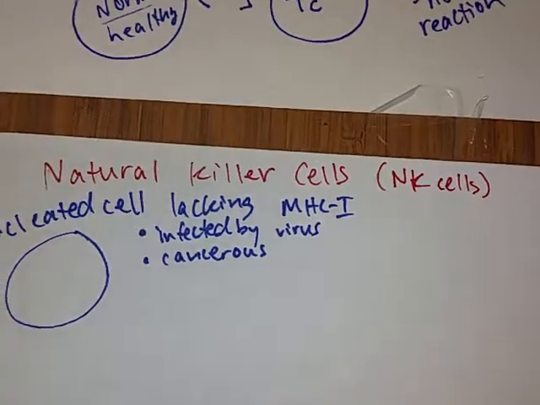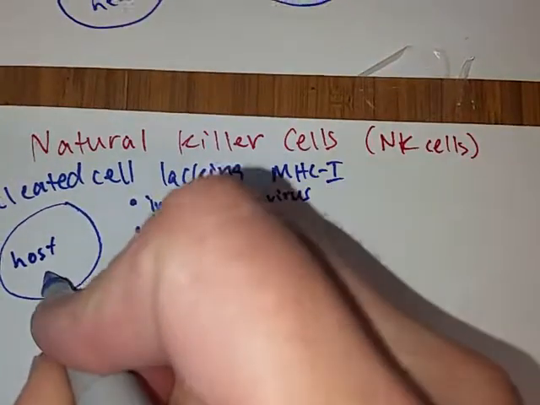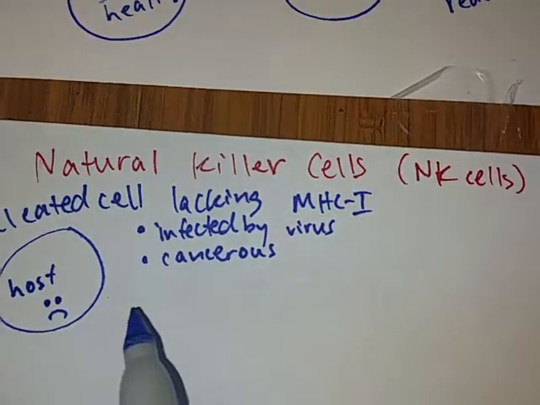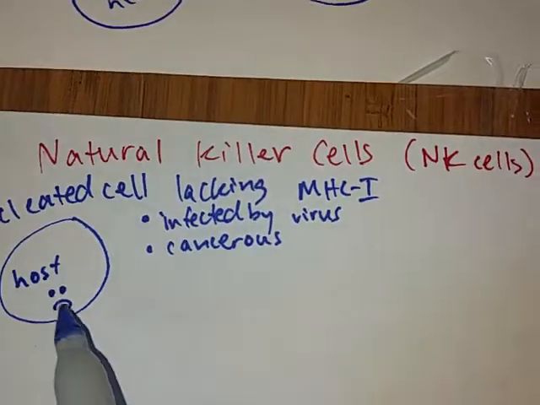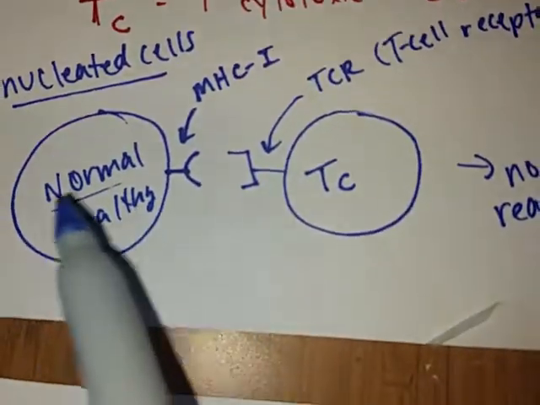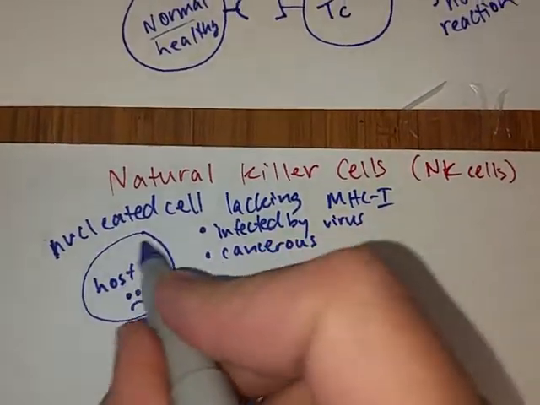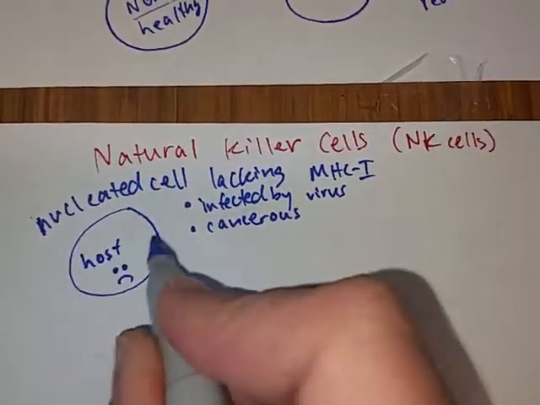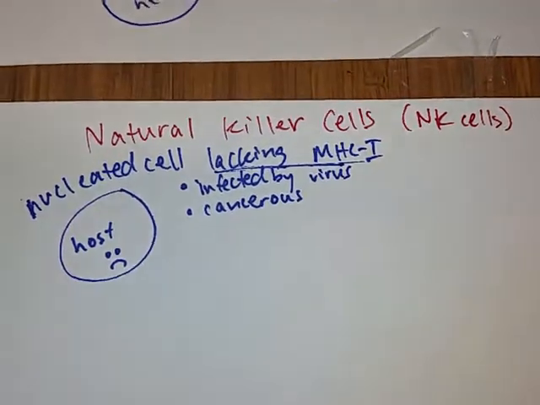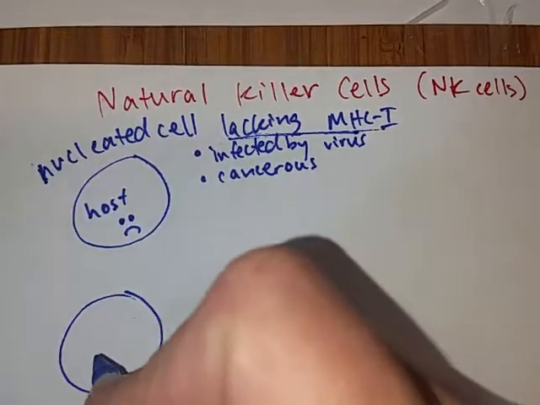So what's going to happen then is, here's our host cell, and it's going to be infected or it's going to be cancerous. So it's sad. It no longer has its normal healthy MHC1 like we saw up here. We'll just remind everybody that real fast. If it's lacking MHC1, it's either infected by a virus or cancerous.